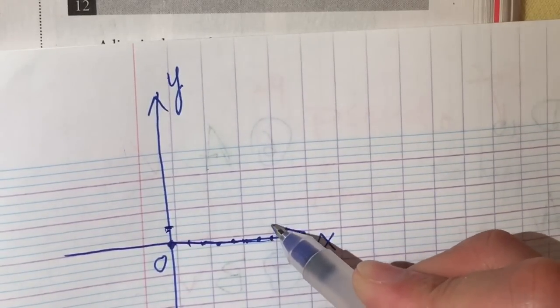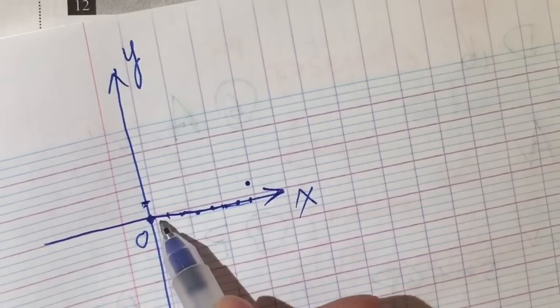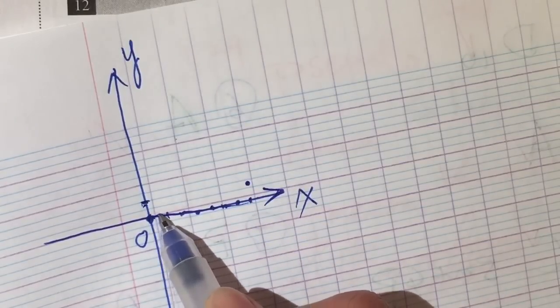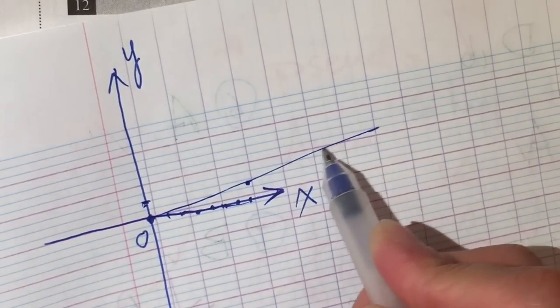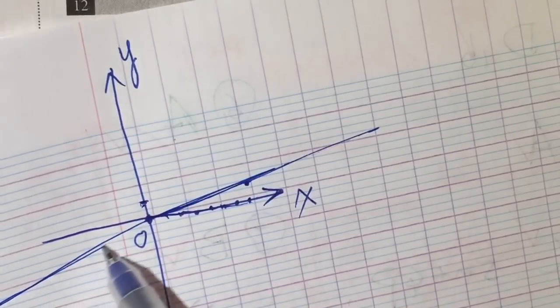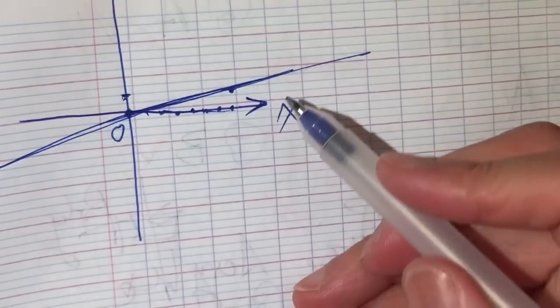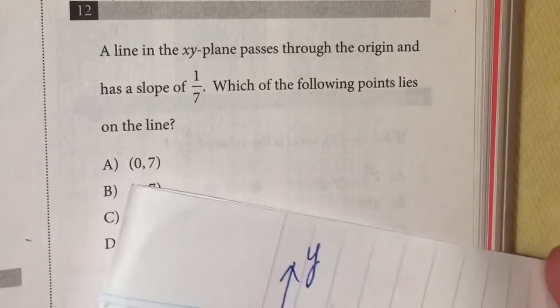This is the slope 1/7 passing through the origin. I didn't have a ruler for it. So this is the line. Now we take a look back at the points here.